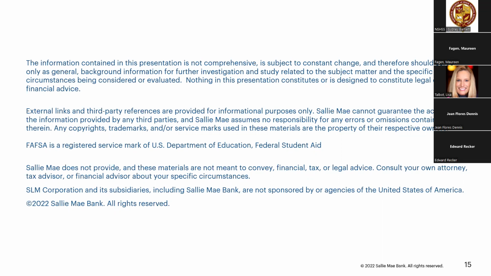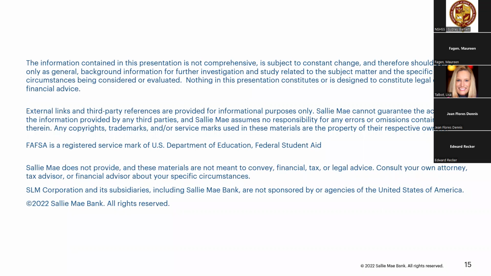And then another question, if a student doesn't qualify for the federal subsidized loans, can they still take out the full annual amount in an unsubsidized loan for federal loans? Yeah, so let me explain for everyone what subsidized and unsubsidized loans are.